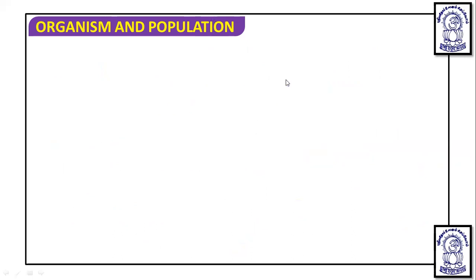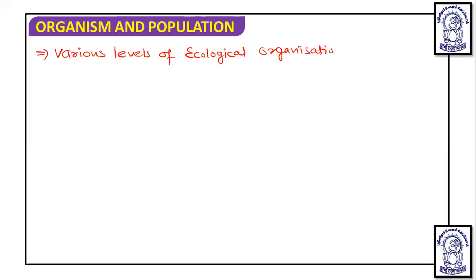There are various levels of ecological organization. Number one, organism.